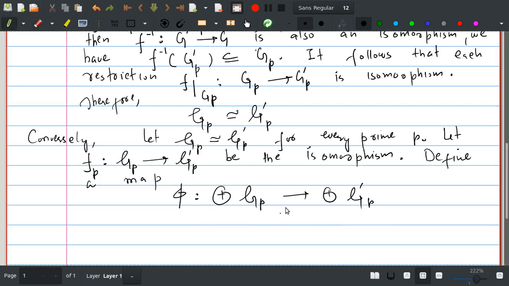An element here is of the form g_p1 plus so on plus g_pn, the sum from 1 to n.